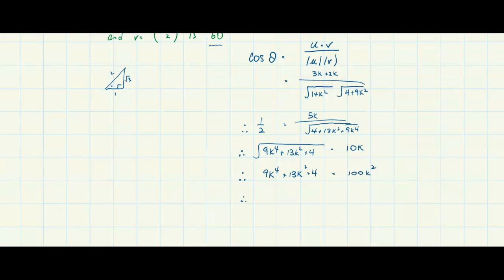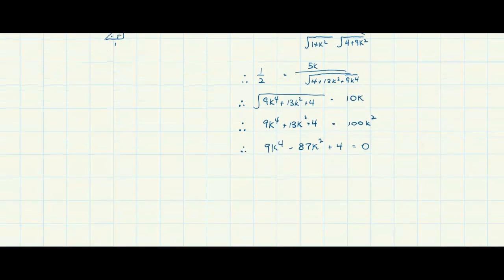So therefore, 9k to the 4 minus 87k squared plus 4 is equal to 0. This looks reducible to a quadratic actually. So if I let k squared equal m, then I'll be able to say that 9m squared minus 87m plus 4 is equal to 0.